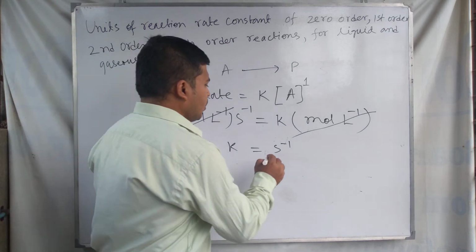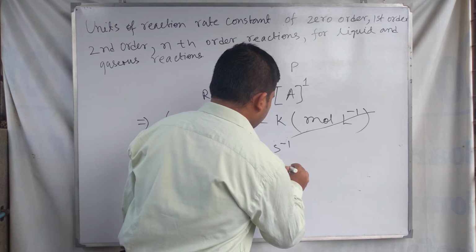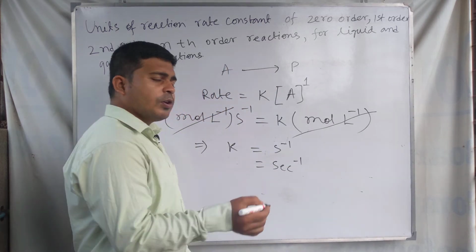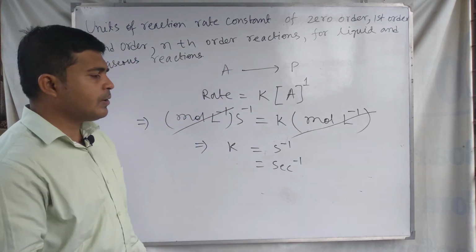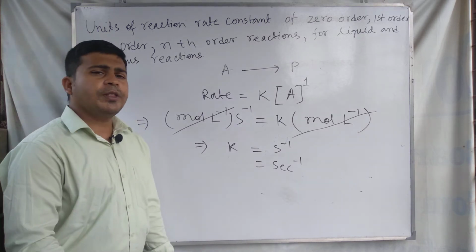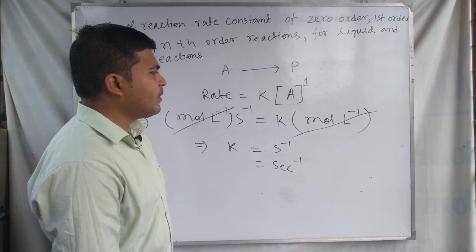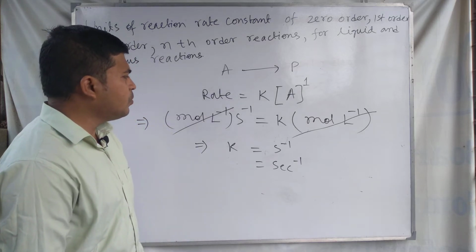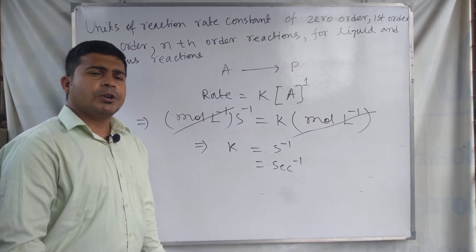You can also write it as sec inverse, or spell it out as second inverse, that is also true. So when the reaction is taking place in a liquid medium, the unit of the first order rate constant is second inverse.